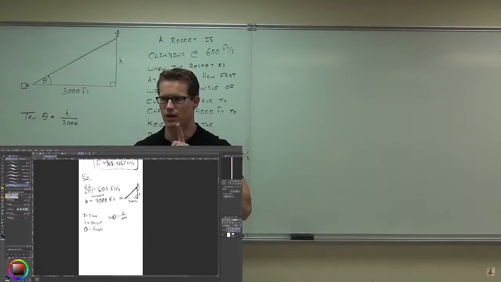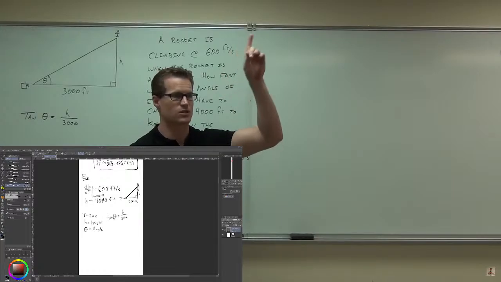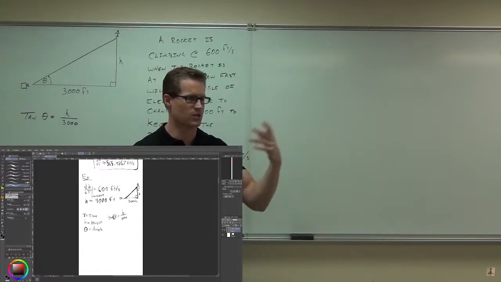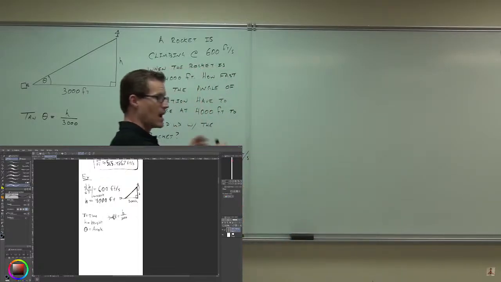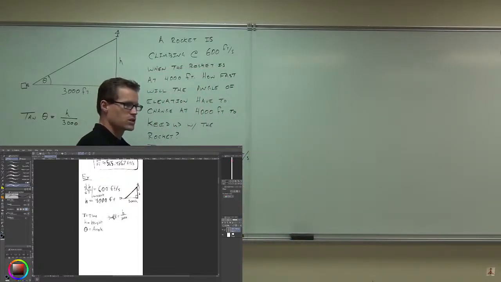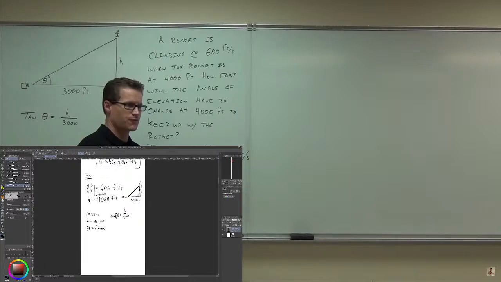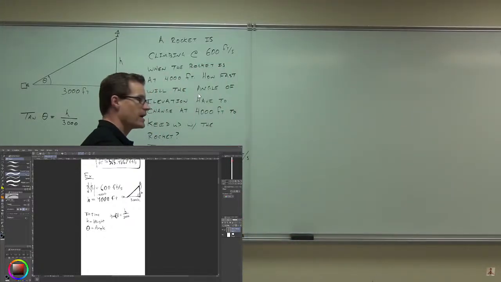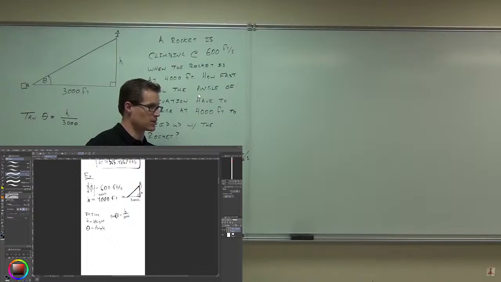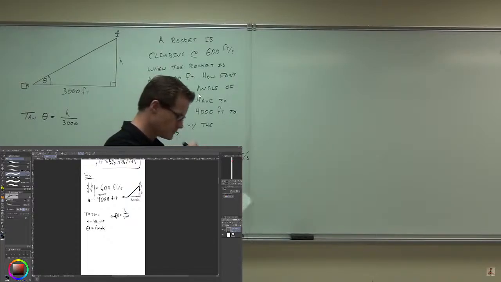Typically, those rockets that take off from the ground increase speed and increase speed and keep going until they reach their escape velocity and finally they're gone. Does that make sense? So right here at this 4,000 feet mark, we're increasing at 600 feet per second. That's our change in height compared to time, when h is 4,000.